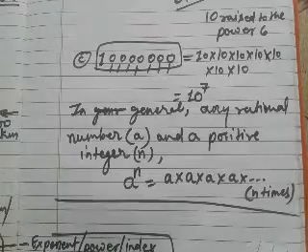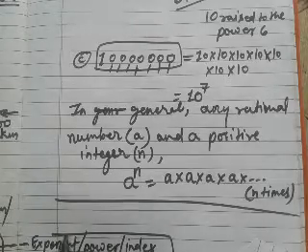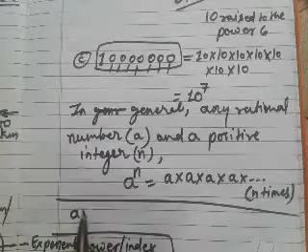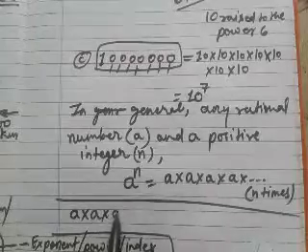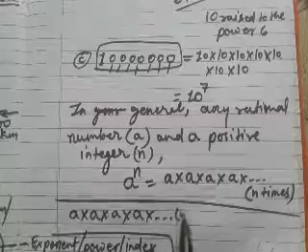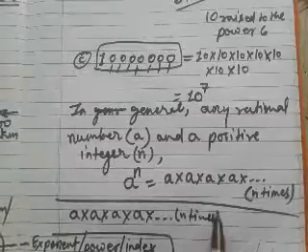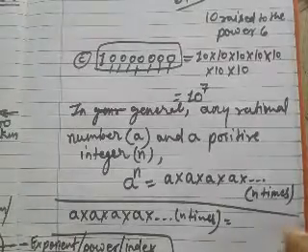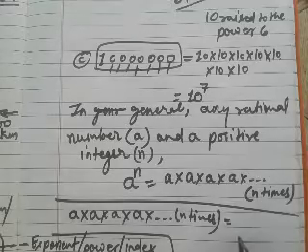So generally, if you have a number a into a into a into a up to n times, we can write this number in exponential form.